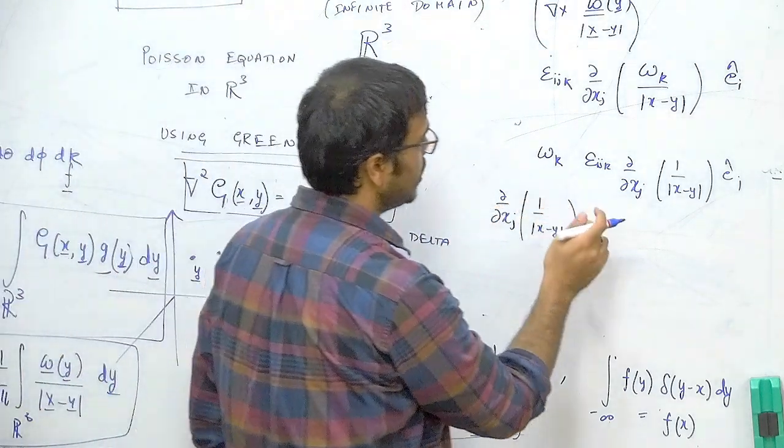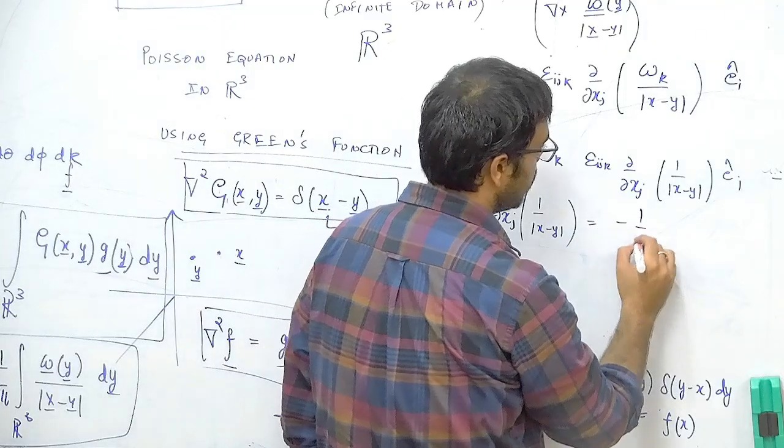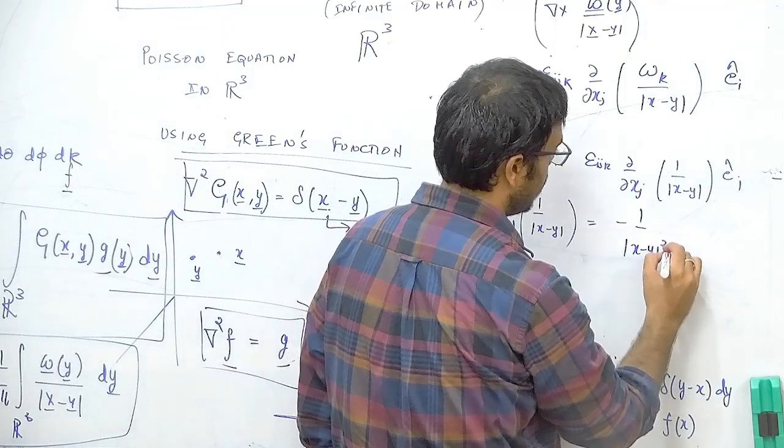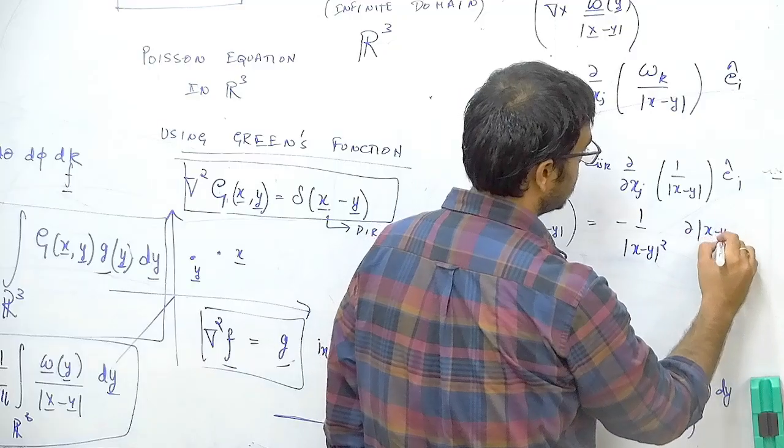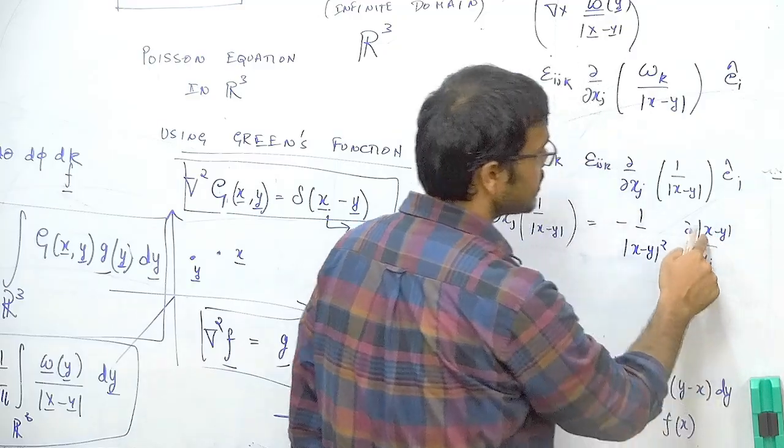This is nothing but minus 1 by mod x minus y square times del of mod x minus y by del x j, and this you can calculate.